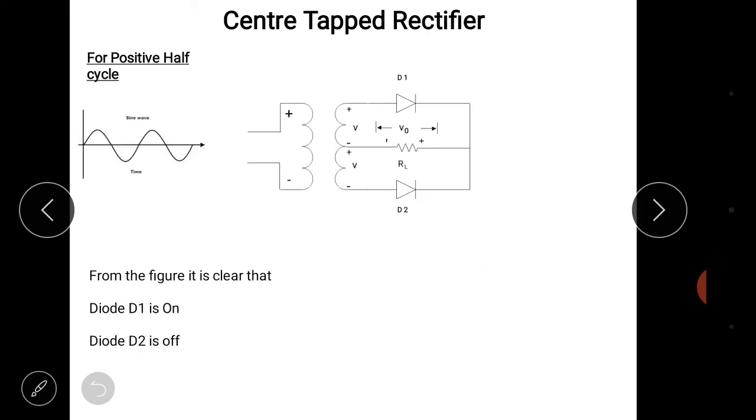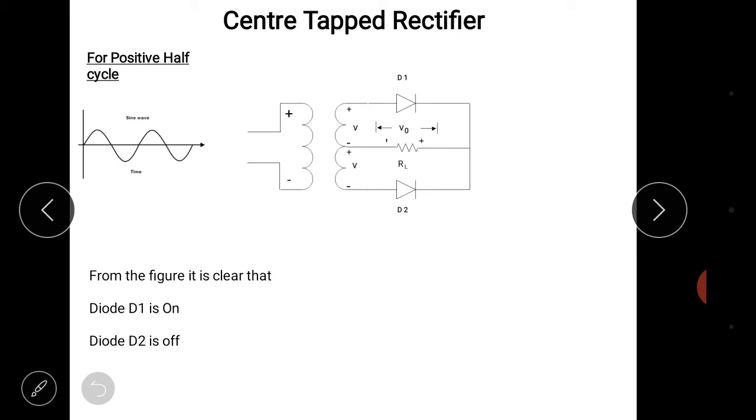Let us investigate the working principle of the center tap rectifier for both the cycles, that is for positive half cycle and negative half cycle. To start with the positive half cycle. For positive half cycle, polarity of the input voltage developed across primary and secondary is as shown in the figure.